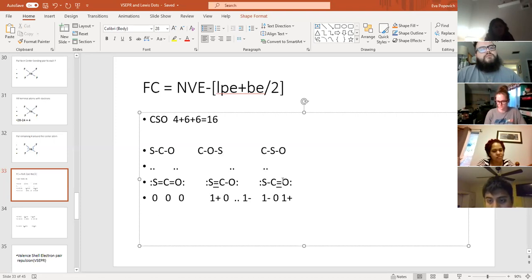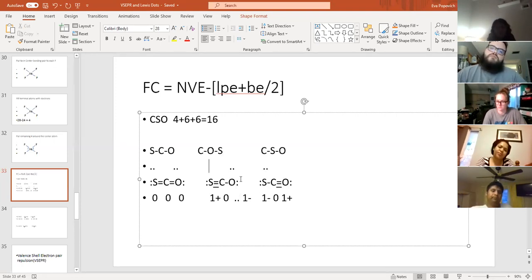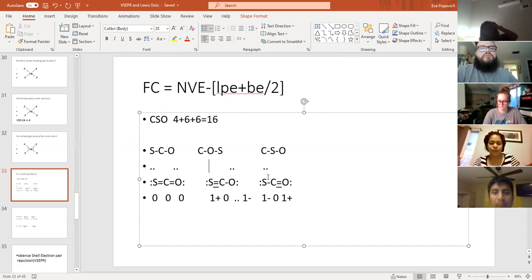What is more electronegative, sulfur or oxygen? Oxygen's more electronegative. Which one has the negative charge on it? The second one has the negative charge on the oxygen. So this one is more stable than this one is. Are you understanding how this is working?